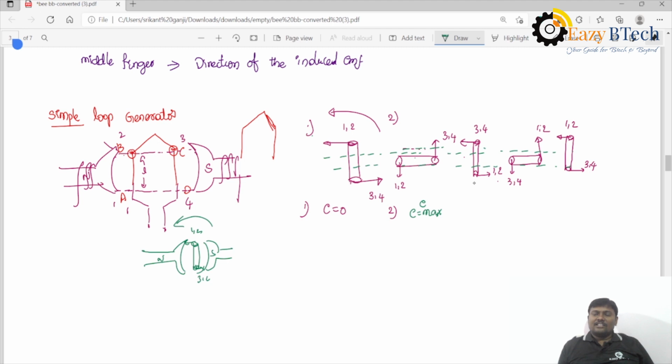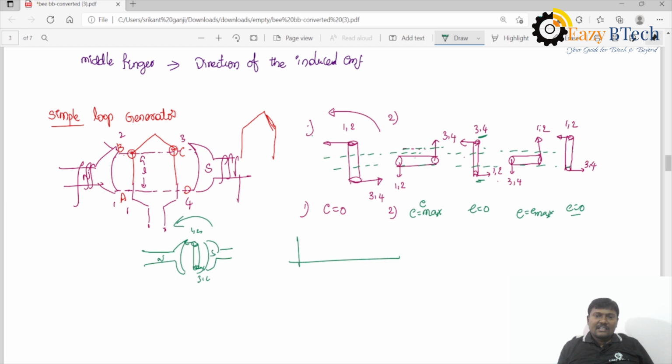At this position, the tangential force acting on conductors 3 comma 4 is anti-parallel and this one is parallel. Again it is 0. At this position it is maximum, at this position it is 0, the original position.